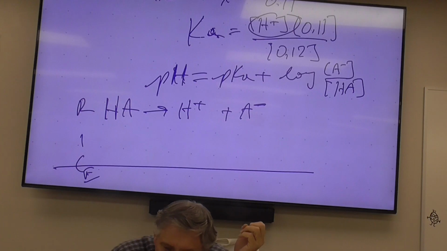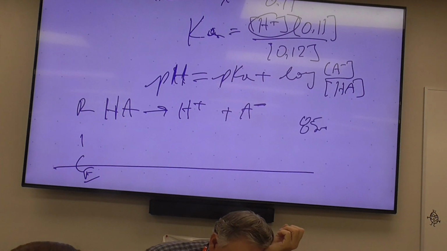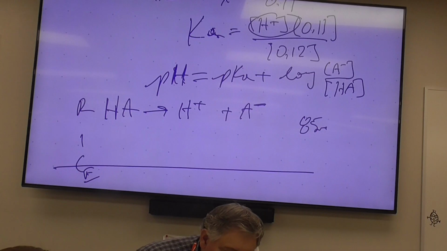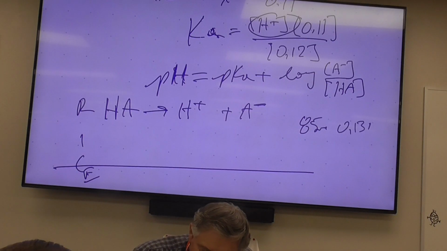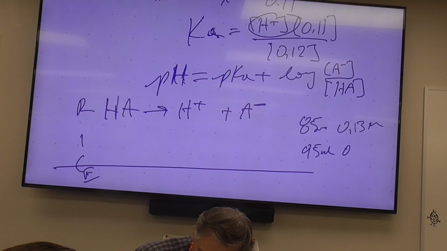So if you look, you've got 85 milliliters of 0.13 molar lactic acid, and then you've got 95 milliliters of 0.15 molar sodium acetate.